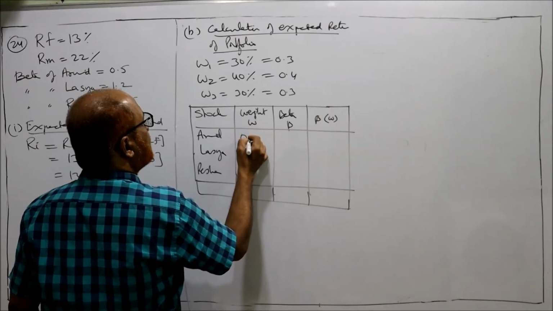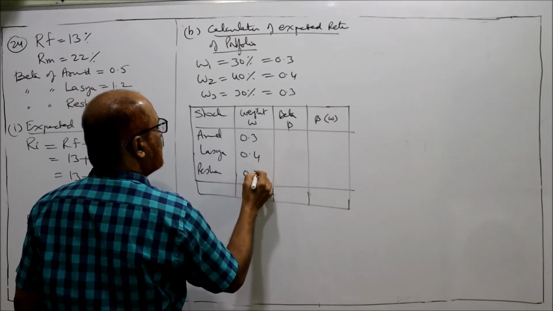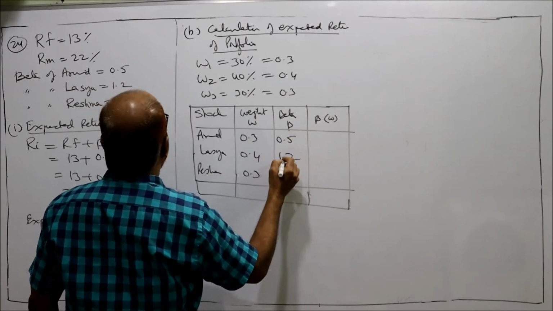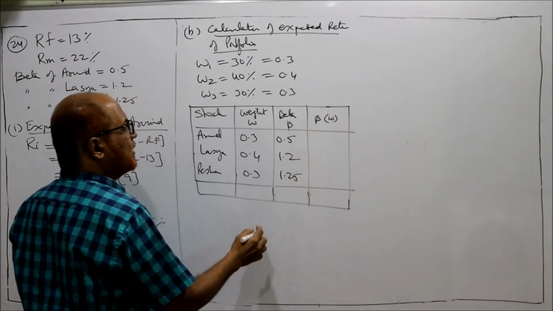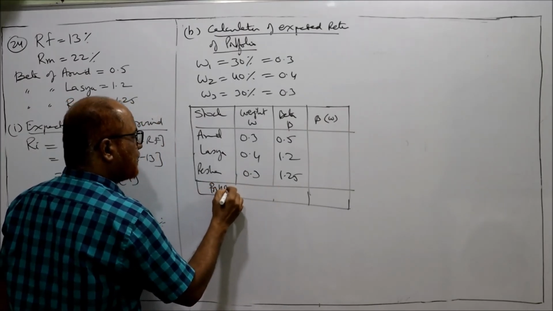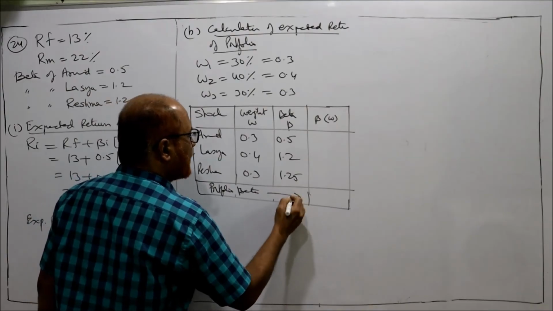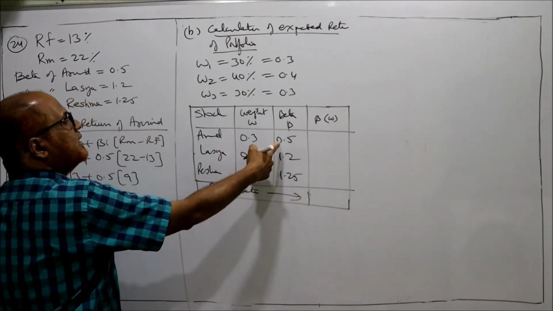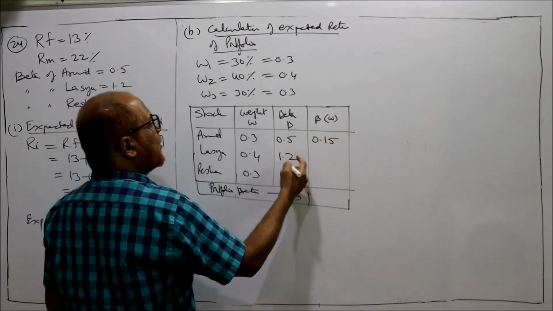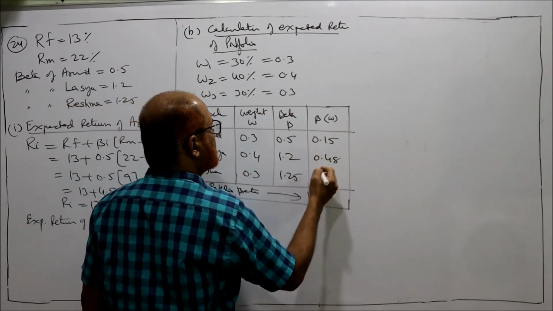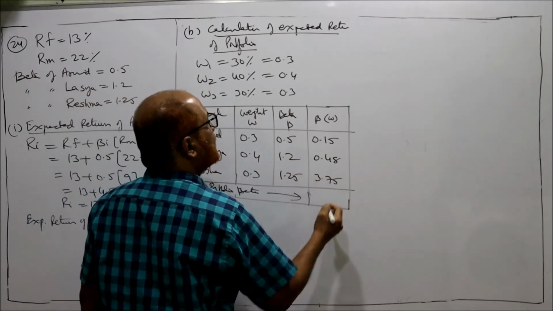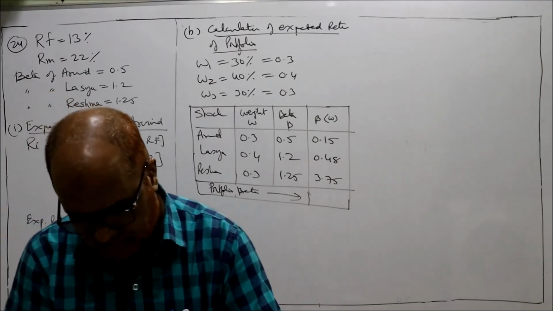Now weights are 0.3, 0.4, 0.3 and beta values are 0.5, 1.2 and 1.25. If you multiply, you will get the portfolio beta. 0.3 into 0.5 is 0.15. 0.4 into 1.2 is 0.48. 0.3 into 1.25 is 0.375.